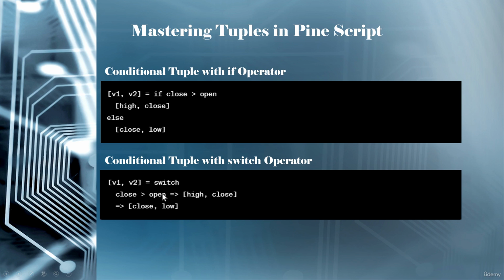If this condition close bigger than open is false, then default expression of the switch will be returned. Default expression consists of tuple with 2 variables, close and low. In that case, close will be assigned to v1 variable and low will be assigned to v2 variable. So this is how switch operator works with tuple.